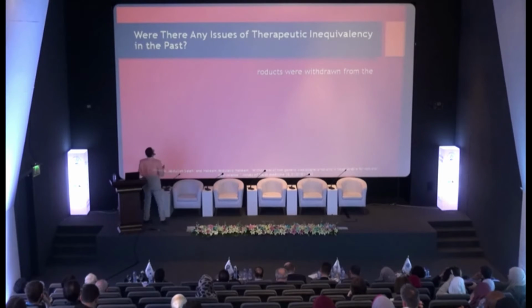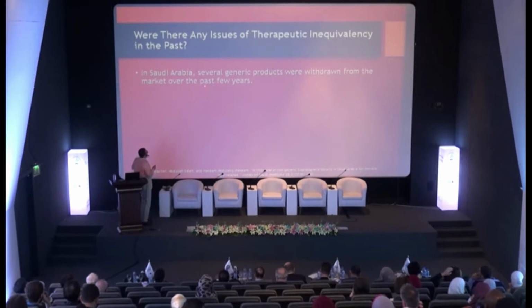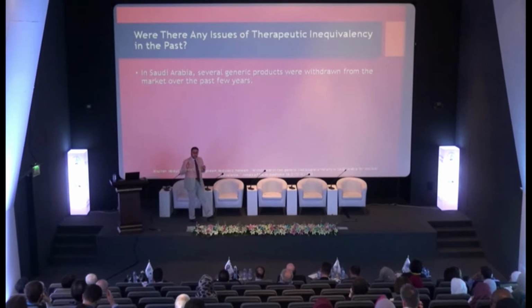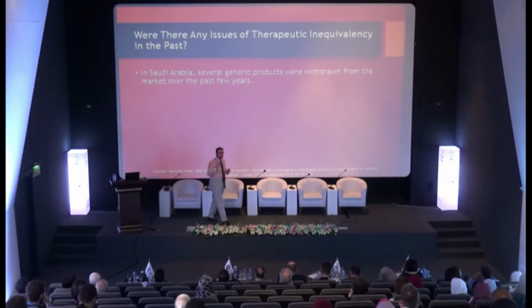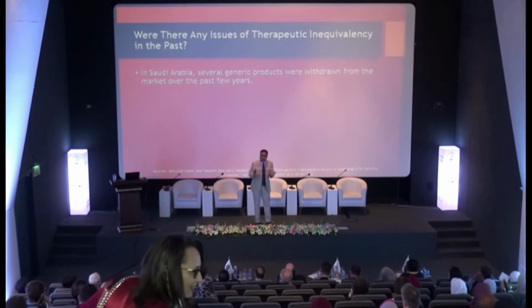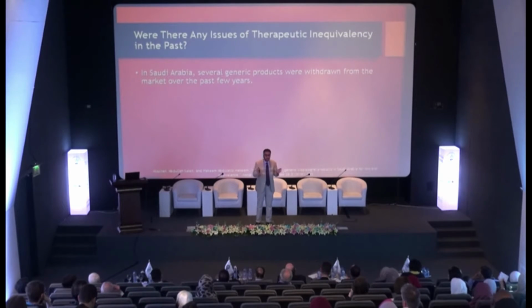All right. In Saudi Arabia, several generic products were withdrawn from the market over the past few years, especially after the new CEO took power. This has actually happened because we have a better pharmacovigilance system. You can download Bioequivalence or We Care About You and report any suspicion of therapeutic inequivalence to the Saudi FDA.